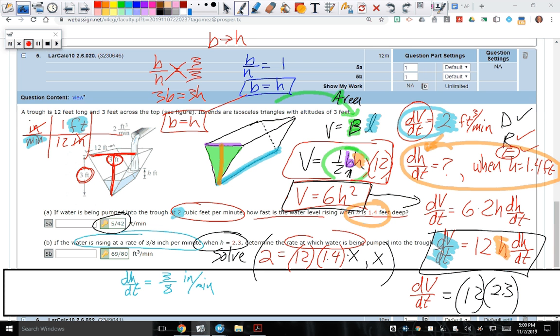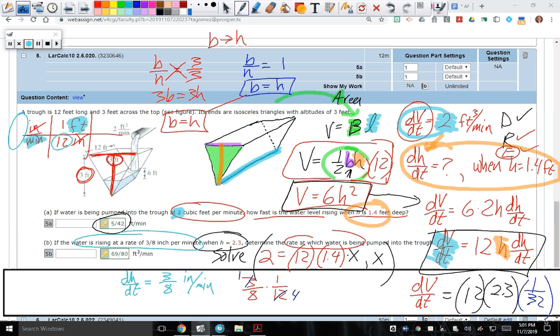So whatever I have, I'm just going to divide by 12. Okay? So 3/8 is what they gave me. If I divide by 12, it's the same as multiplying by 1/12. This will reduce to 1/4. So I have 1/30 seconds. 1/30 seconds is this dH/dt.